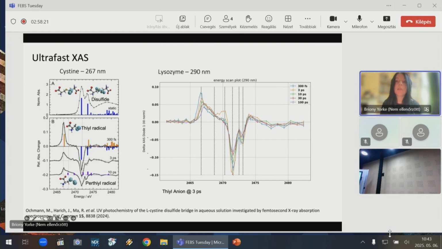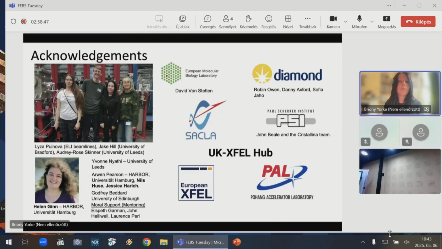Currently we're still waiting to do the full time-resolved experiment with the laser at SwissFEL for our structures, and we are attempting some methods development to allow us to use protein crystals to enhance the X-ray absorption signal. If we can do that experiment using crystals rather than solution, it should be much more straightforward.